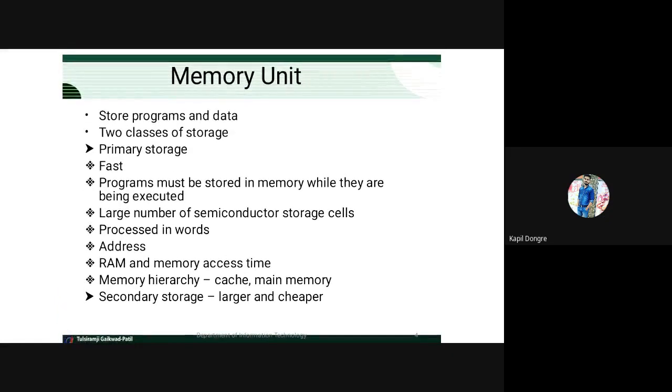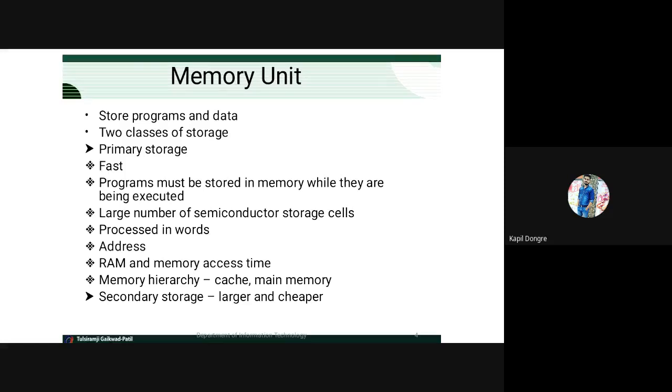Store the program and data. There are two classes of storage. First is primary storage. Programs must be stored in memory while they are being executed. Obviously, when instructions are going to execute, they must be stored in memory.